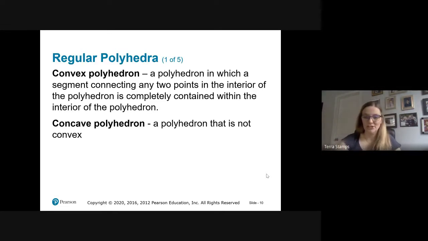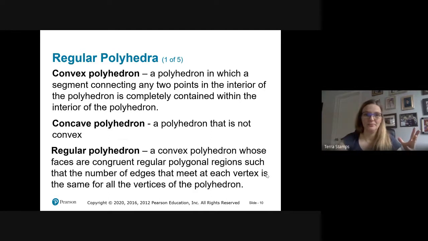So same definition as before, now just expanded to a 3-dimensional figure. A regular polyhedron is a convex polyhedron whose faces are all congruent regular polygons. Okay, the number of edges that meet at each vertex is the same for all the vertices.